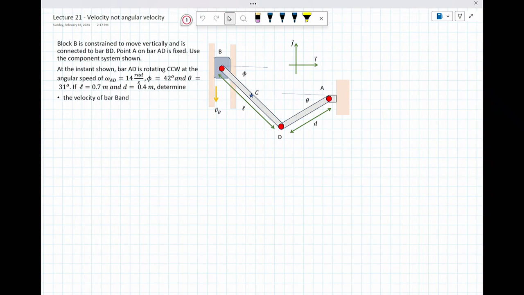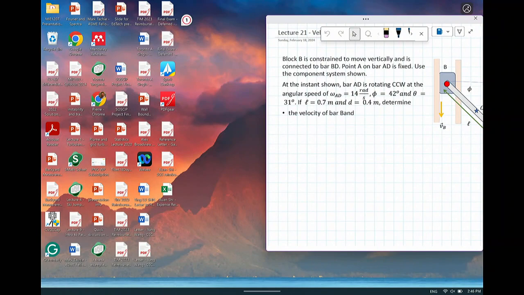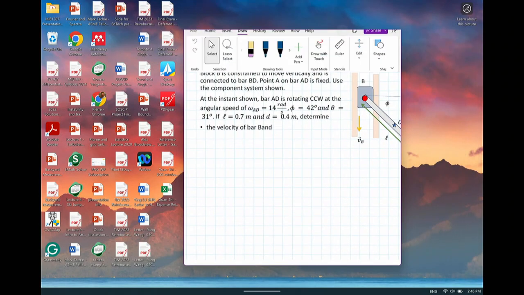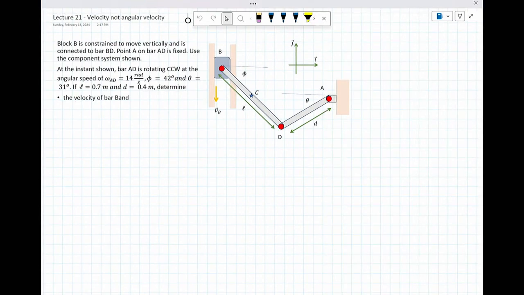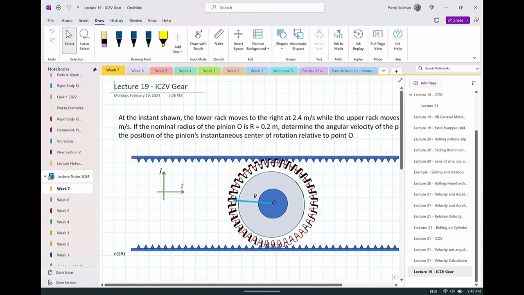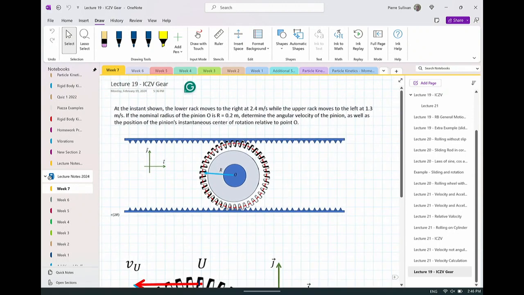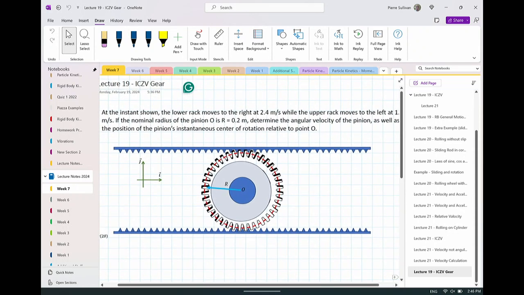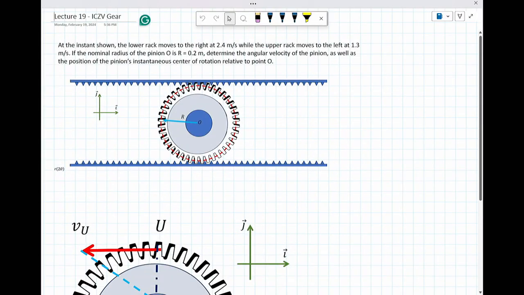I'm actually going to do a version of this problem later, so I might do this one. This one's similar to what I'm talking about today, and I'm not going to do it the way I just said I should do it.